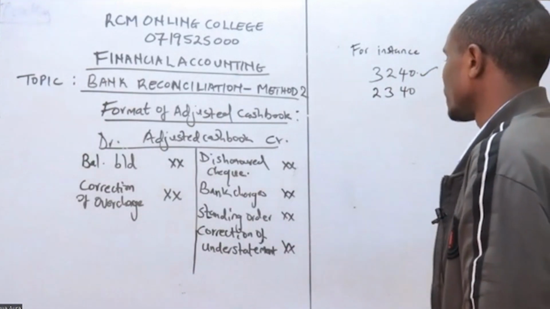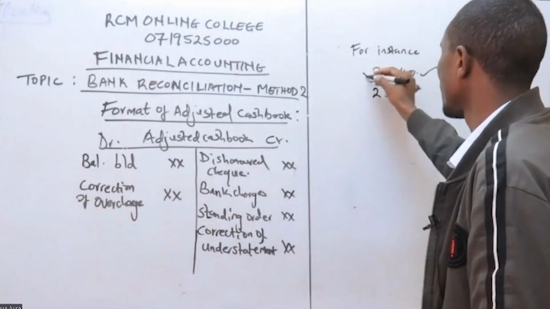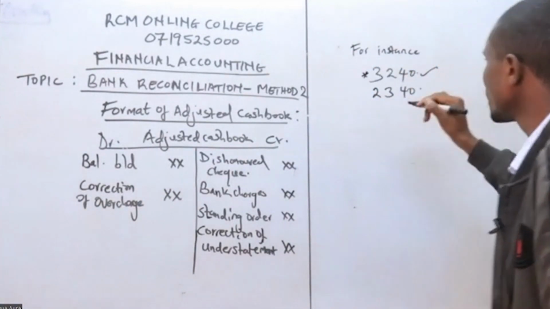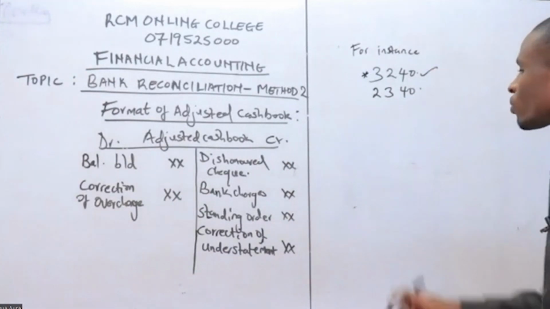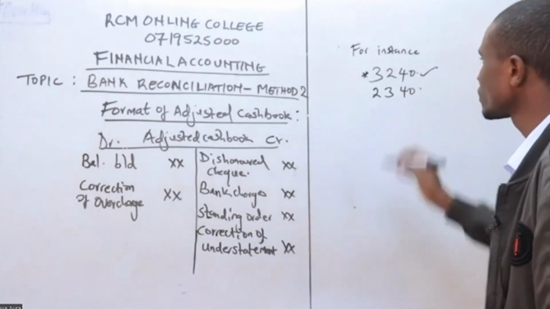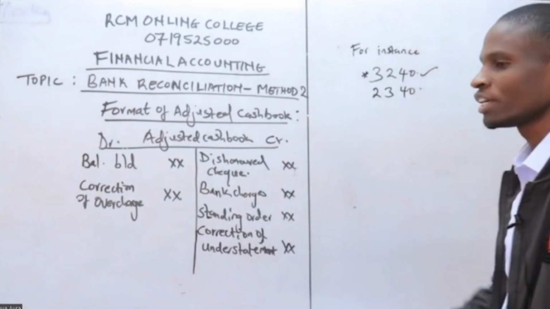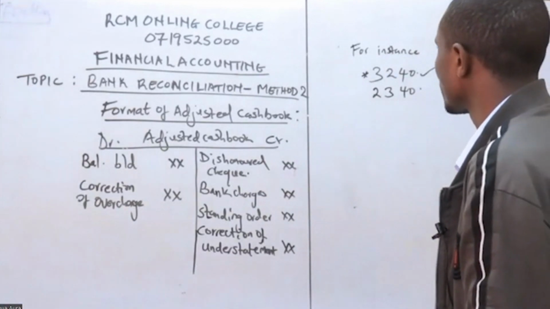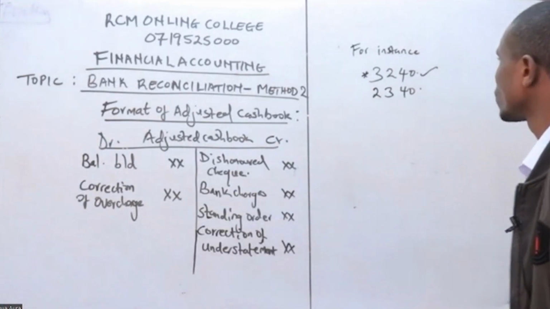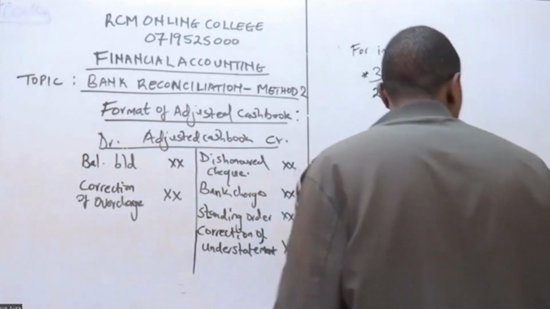You can see the correct amount should be 3240, but you have undercharged that to 2340. So to correct that, or to cancel that error, you have to credit the difference. So that means you had undercharge.